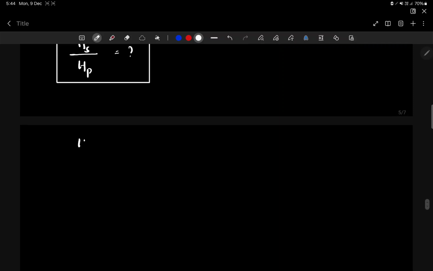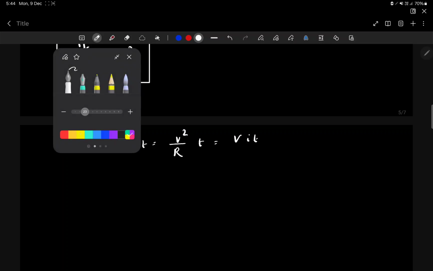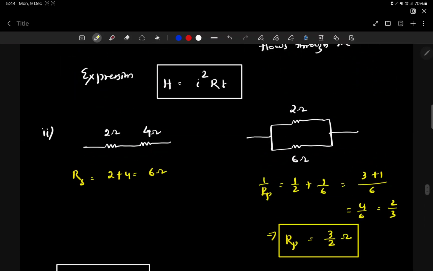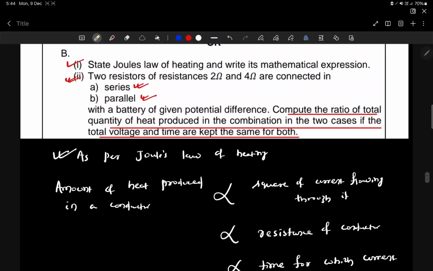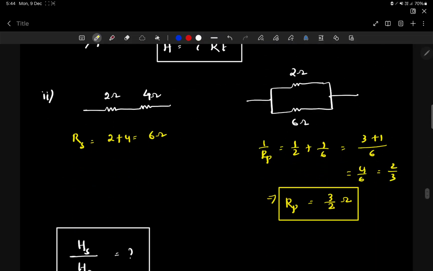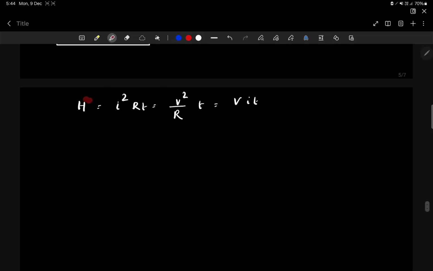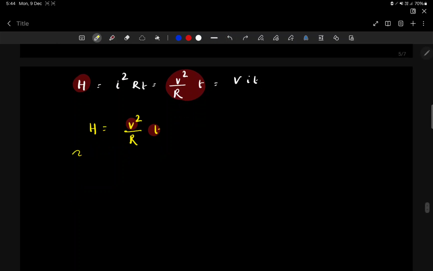So we know H equals I square RT equals V square by R into T equals VIT. Which formula will help us to solve this question? In the given question it is mentioned voltage and time are kept same. So if you choose this one, H equals V square by R into T. As per the question, voltage and time remain same, that means they are constant.